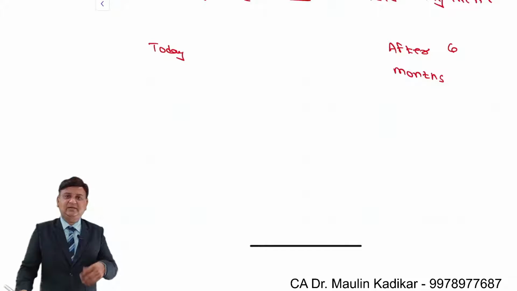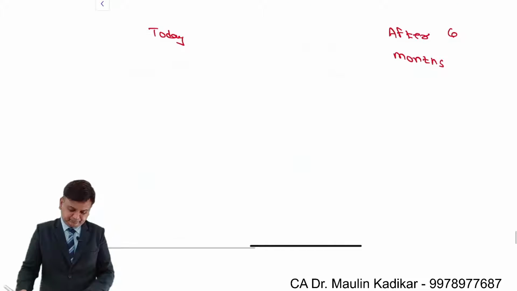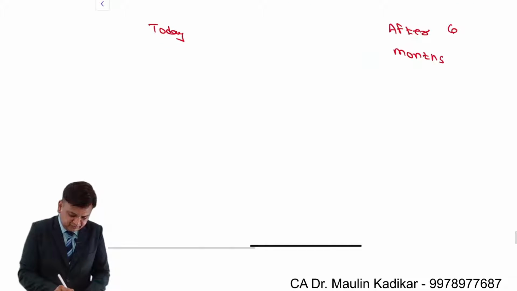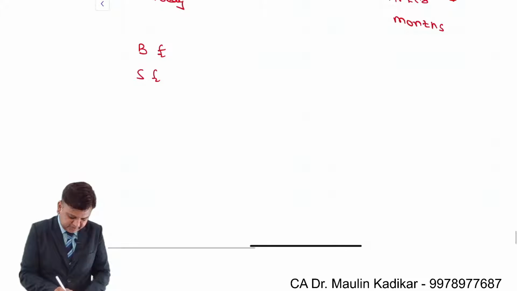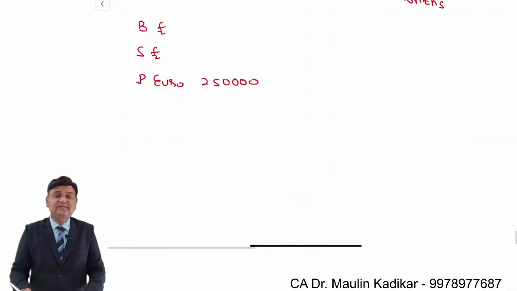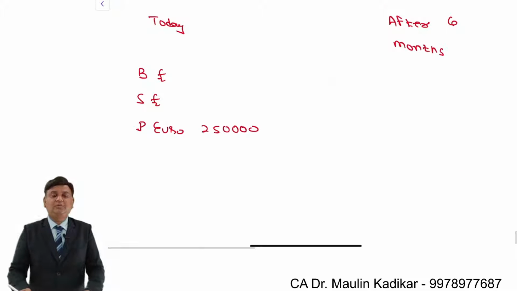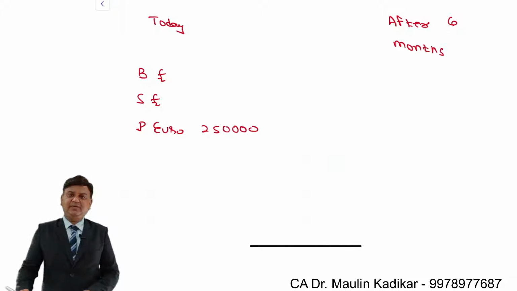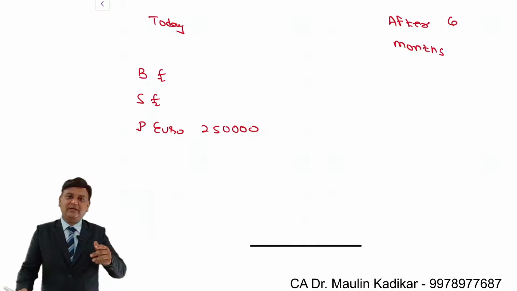See what happens, listen carefully. Today we will borrow pound, sell pound, purchase euro, 2,50,000, that is equal to the consideration. Because the supplier has given a credit period of 6 months, so within 6 months anytime you can pay. So we want to make the payment in advance.